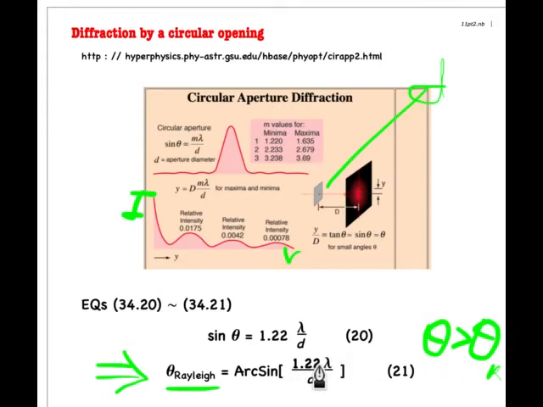And again, it's that same 1.22 which has to do with the angular size of the diffraction pattern. This is something that you'll find in the Lon-Kappa problems. You will have several Lon-Kappa problems in which you have to use the Rayleigh criterion.